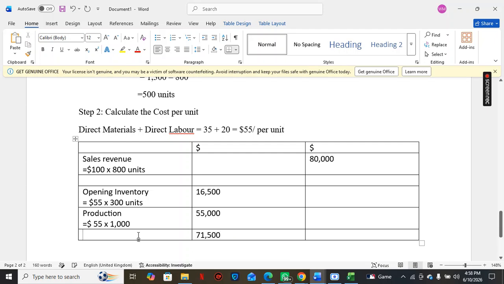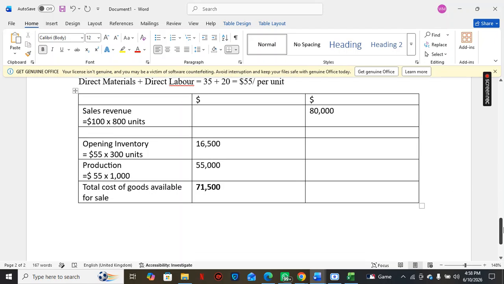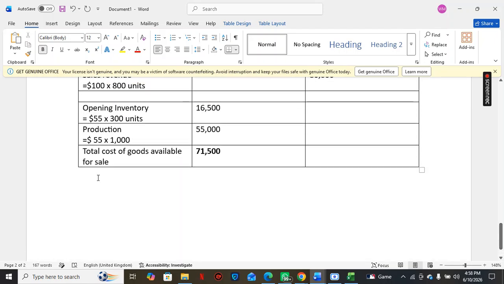You can think of this as the total cost of goods available for sale. And then we need to deduct our closing inventory to get our variable cost of sales.